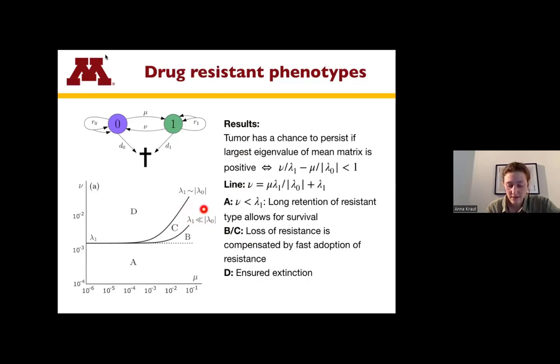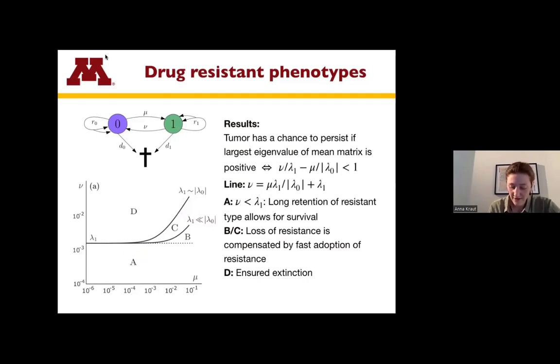And this second case is probably more close to the picture of dormancy, where the reproduction rate of the resistant cell is actually very small, in particular small compared to the decay rate of the susceptible type.